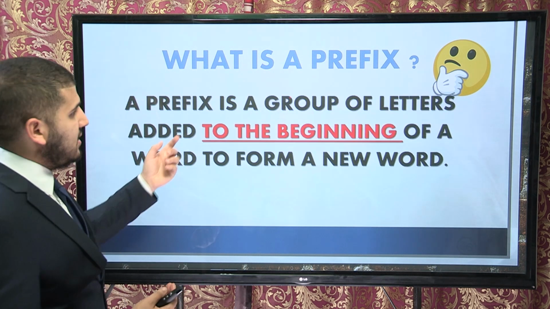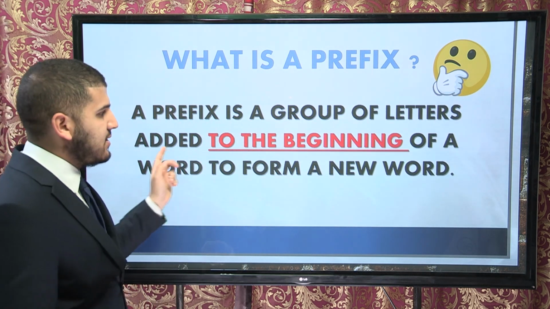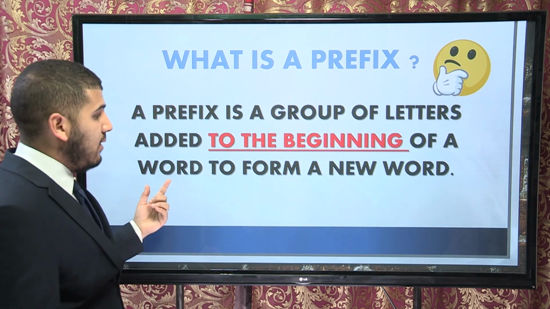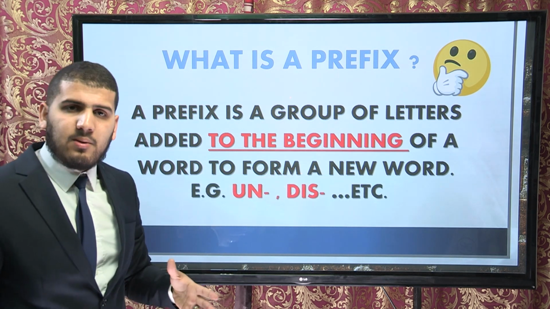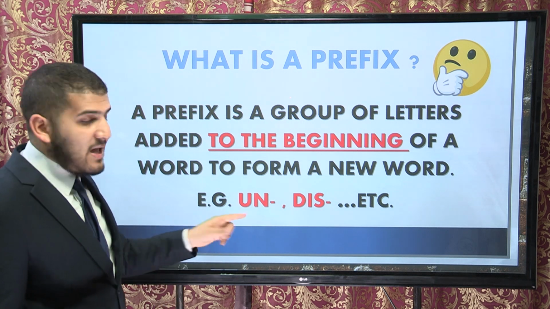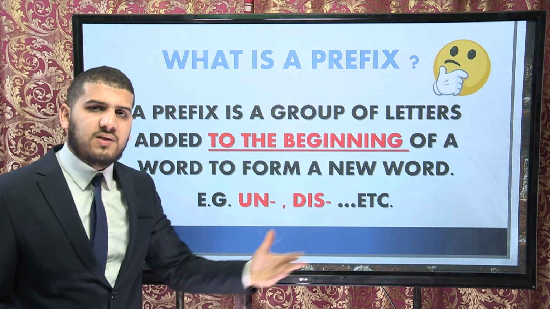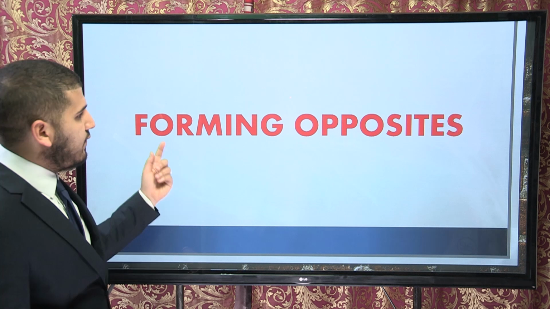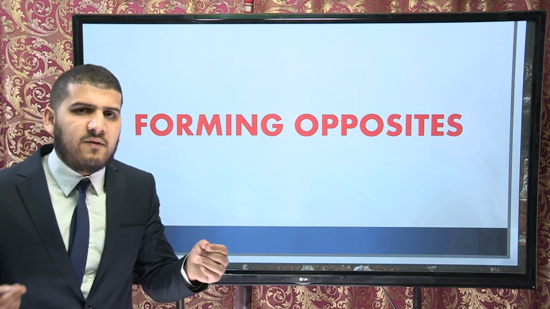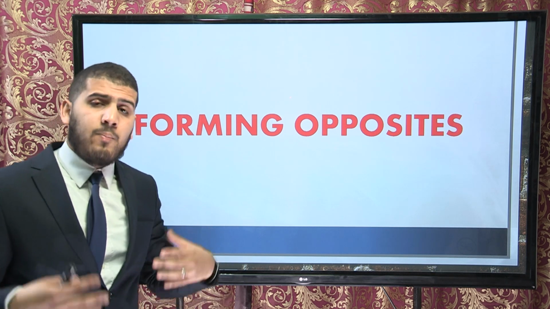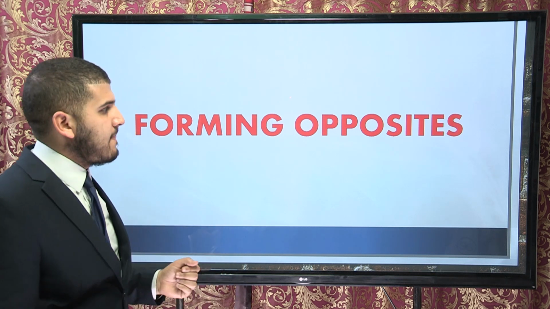A prefix is a group of letters added to the beginning of a word to form a new word. Some examples of prefixes are un and dis, etc. So, forming opposites. In today's lesson, I'll be sharing with you some prefixes that you can use to form the opposite of some words.